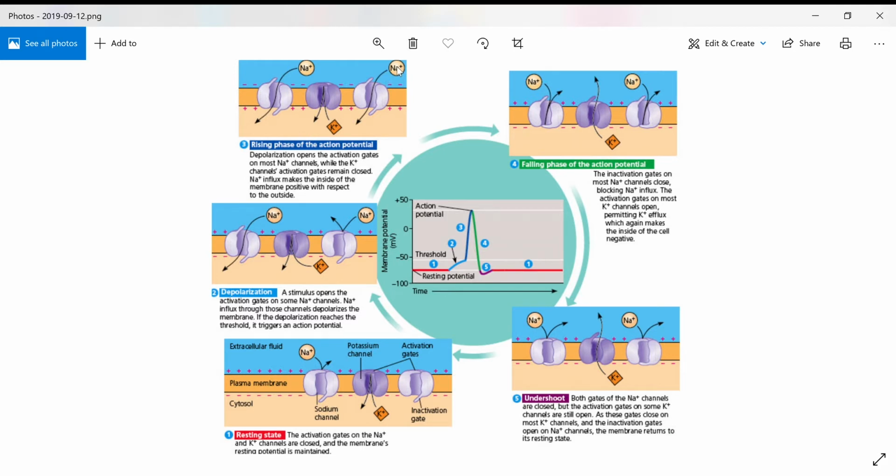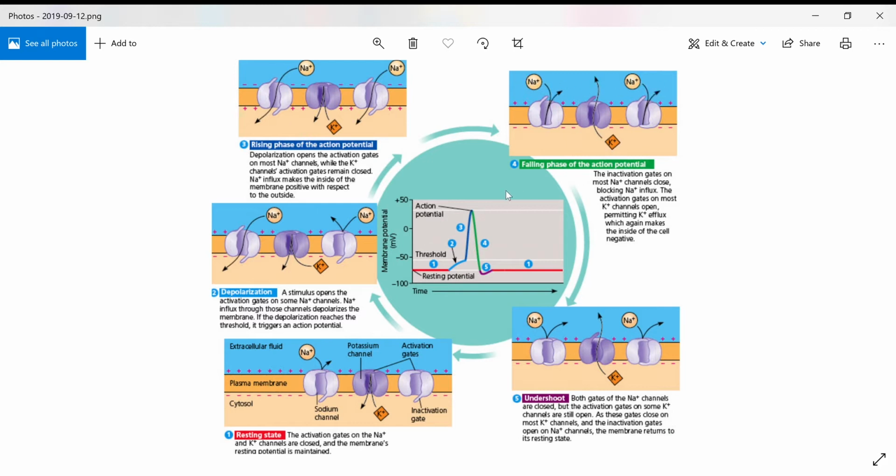So now we know that the inside of the cell is positive, and the sodium channels are closed. And once the potassium channel is open, the potassium ions are going to want to rush outside of the cell, because they're attracted to the negative outside of the cell.